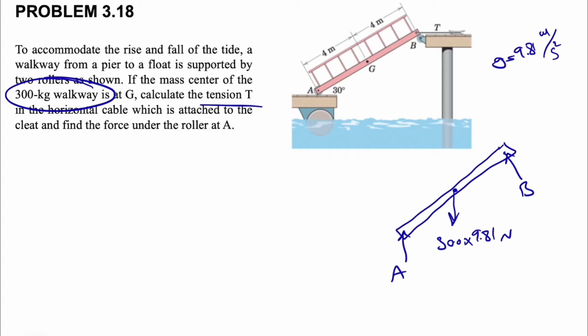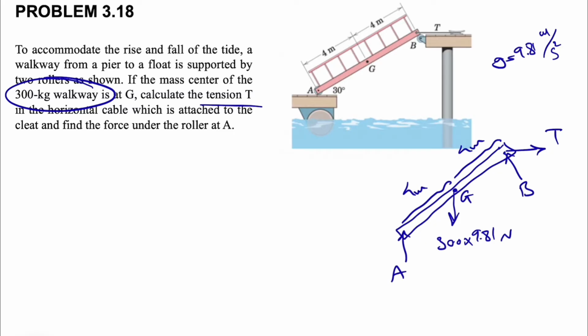And the last thing is the tension in the cable, which is what the question is asking, which we know is horizontal. So again, we have 4 meters on the left side and 4 meters on the right side, since G is in the center.